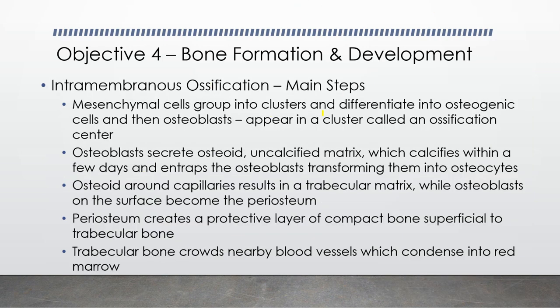Now, the basic process. Once again, this is kind of simplified and summarized, so I know it seems like a lot. I think the pictures are great in trying to help explain it a little bit better. But essentially those stem cells are going to group into clusters, and they're going to become those osteogenic cells, those precursors to bone. And then osteogenic cells will become osteoblasts. Remember that these are your bone builders, okay?